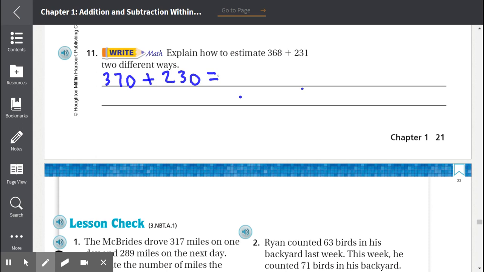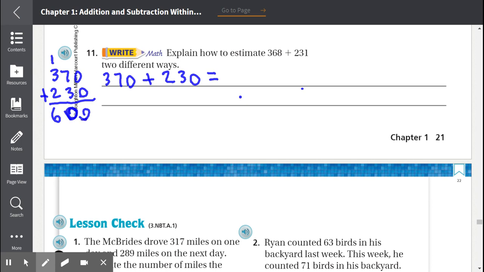Now we don't add horizontally, so let's rewrite it vertically. So that's going to be 370 plus 230. 0 plus 0 is 0. 7 plus 3 is 10. We carry our 1. 1 plus 3 is 4. 4 plus 2 is 6.